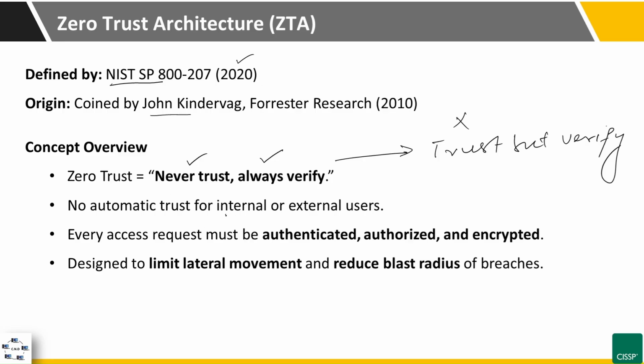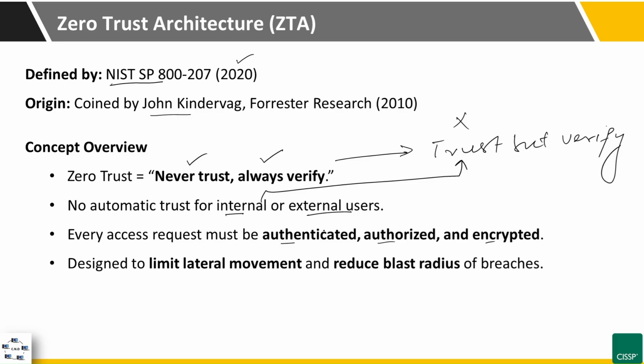No automatic trust for internal or external users. Traditionally, our internal users were trusted users, but in ZTA, no one is trusted, including internal as well as external users. Every access request must be authenticated, authorized, and encrypted.